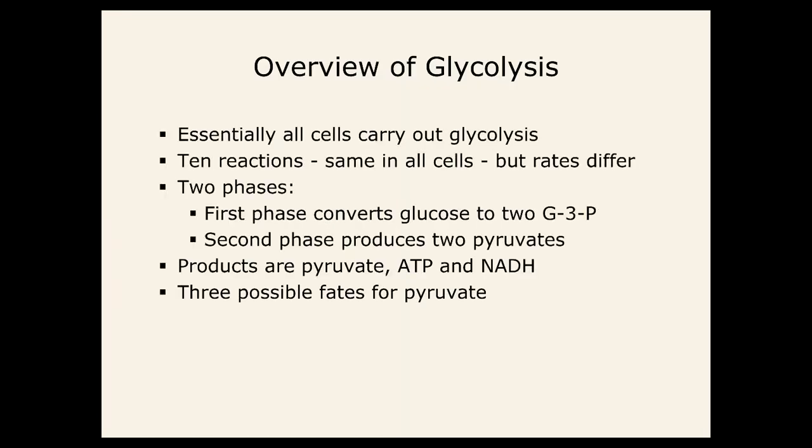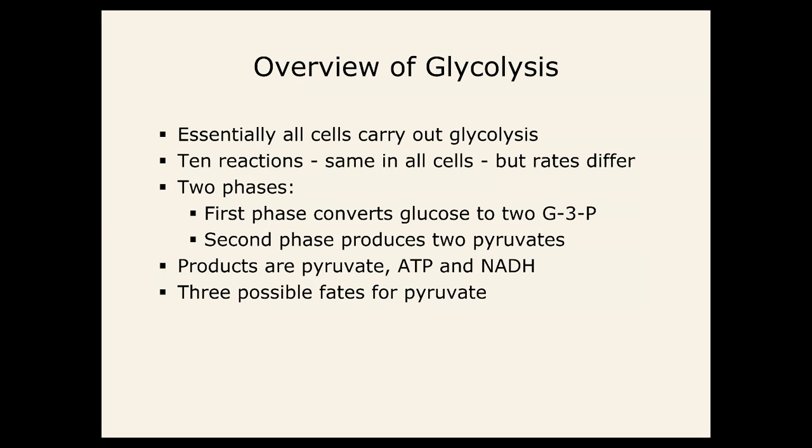So glycolysis as a review, remember it's carried out in all cells in the cytosol. It has 10 reactions, and it has two phases. One is the preparatory phase that requires ATP, and then you have the second phase, which produces two pyruvates and 4 ATP, for a net gain of 2 ATP.